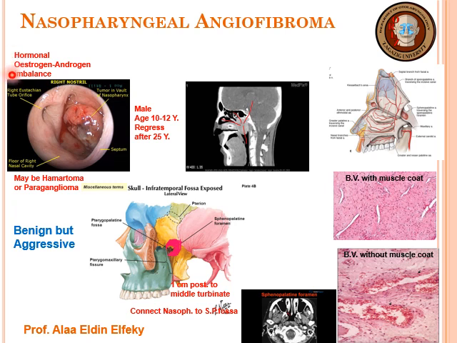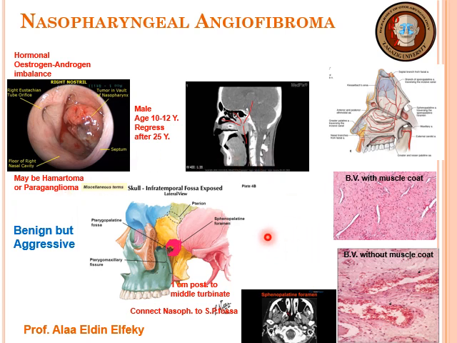Why? Because there are some important factors. This is mainly a tumor of males, usually at the age between 10 to 12 years. The mass usually regresses at the age of 25 years. But there are some theories that this tumor may be a hamartoma or part of a paraganglioma.